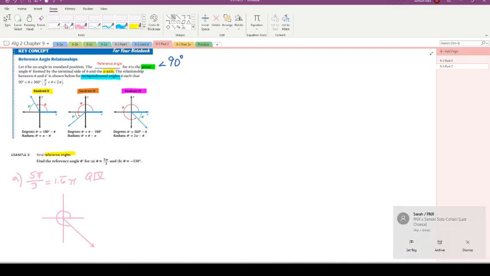And that's going to be my radians, right? So that's going to be 5 pi over 3. And it goes right to here.